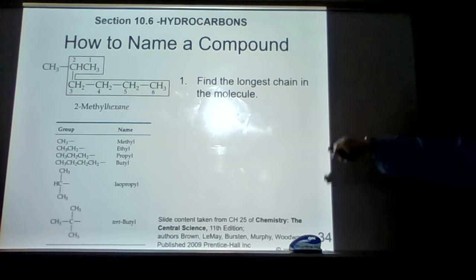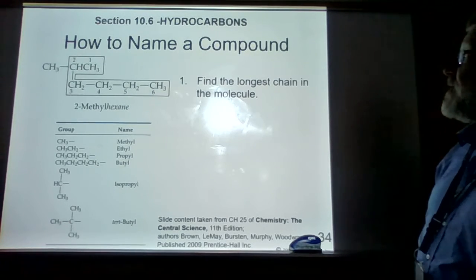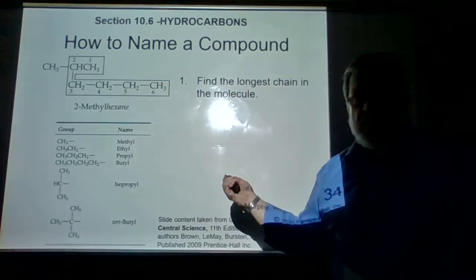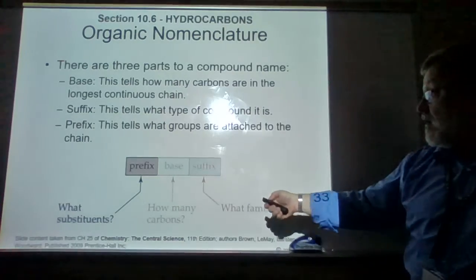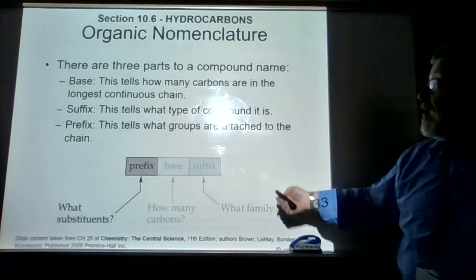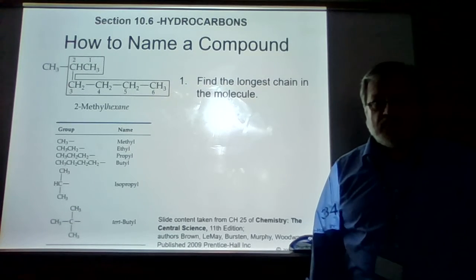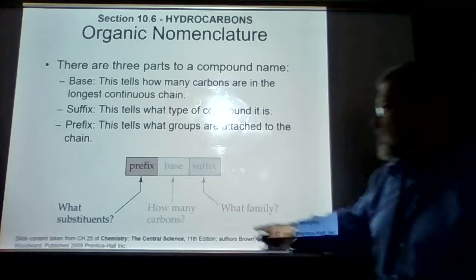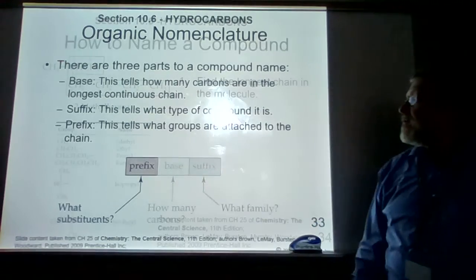So if we take this compound, the first thing we do, now we're applying this naming priority system to hydrocarbons. First, you find the longest chain in your molecule. That's your base.